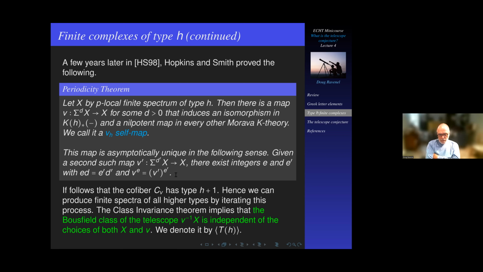Now, let me emphasize, T(h) does not stand for a well-defined spectrum, but there is a well-defined Bousfield class, because as I said, you can start with any p-local finite spectrum of type h, there's a self-map provided by the Hopkins-Smith periodicity theorem, and you can iterate it and get a telescope, and the Bousfield class of that telescope depends only on the prime and the height h.